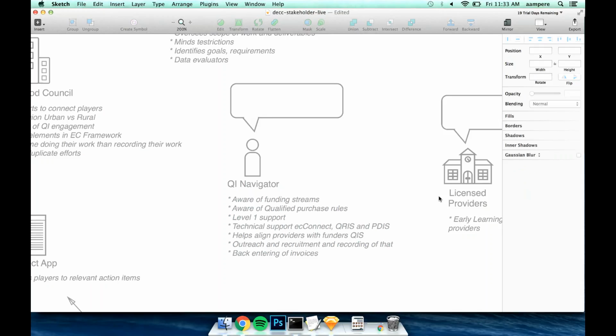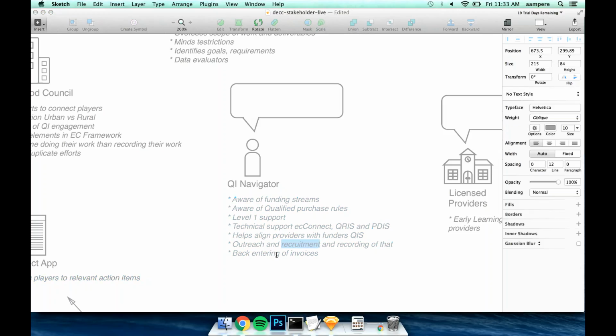For us, we're back entering when it's a weird order for some reason. I would say that back entering of weird invoices, because it's not the typical process. The typical process would be you create the order through EC Connect, and then it will order with the vendors.